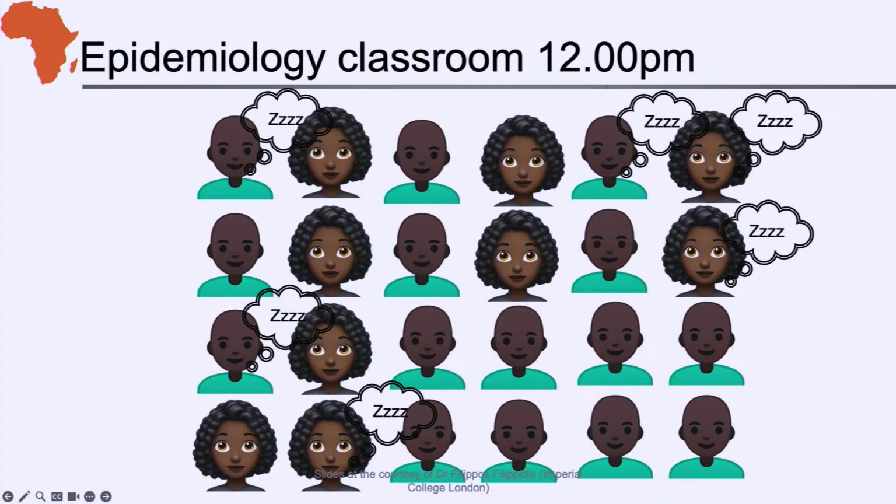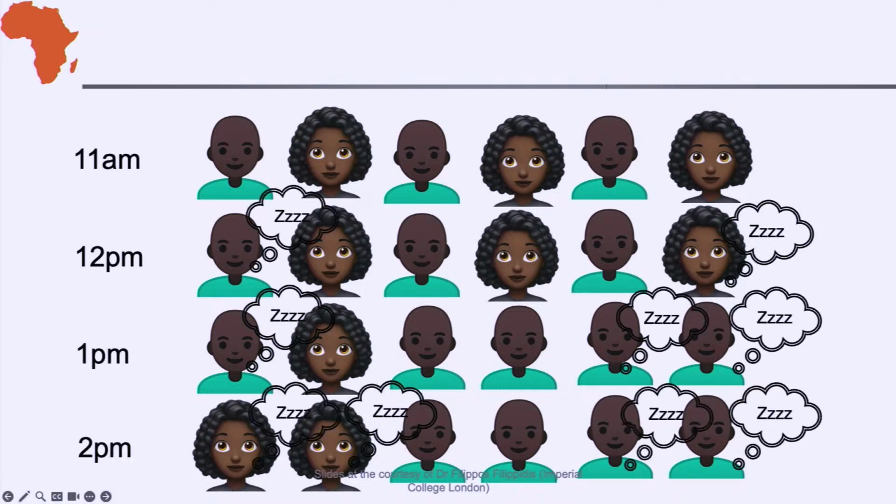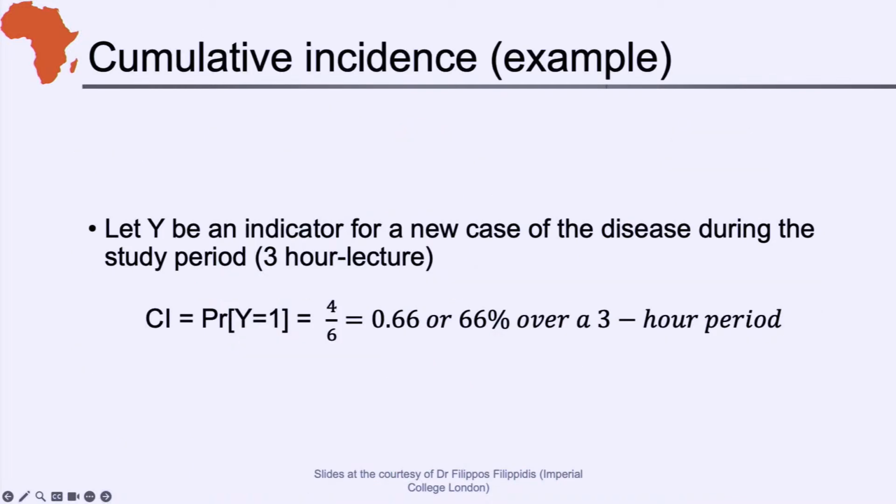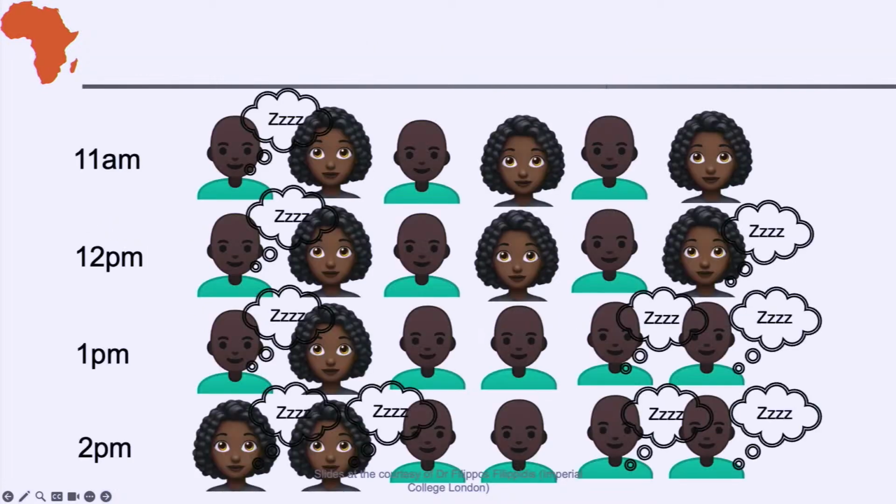But here we're looking at how it changes over time. Okay? Cool. Now, don't call me out on the gender problem again. Sorry. This is what it would look like, and it's important to state the time period. Now do it again. What is the cumulative incidence?